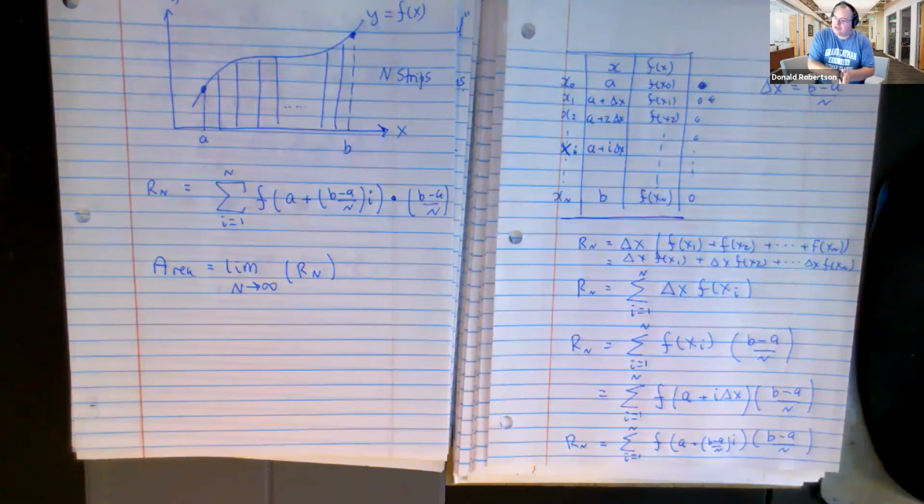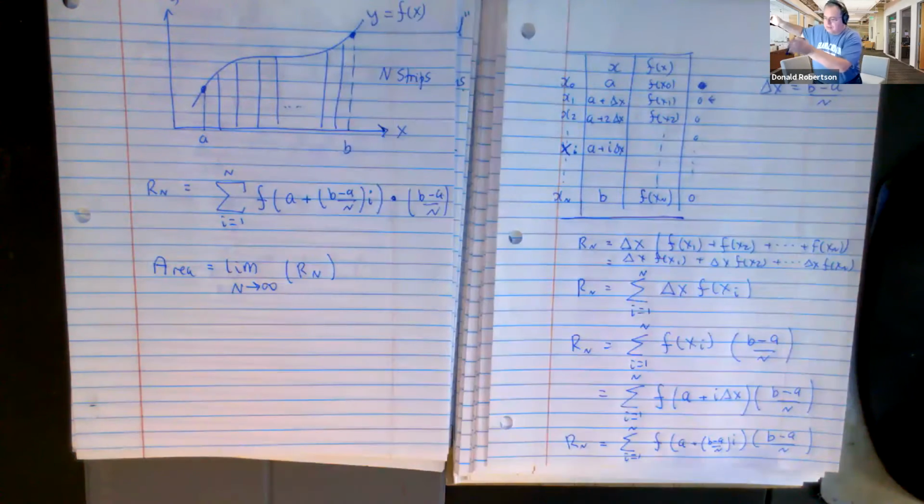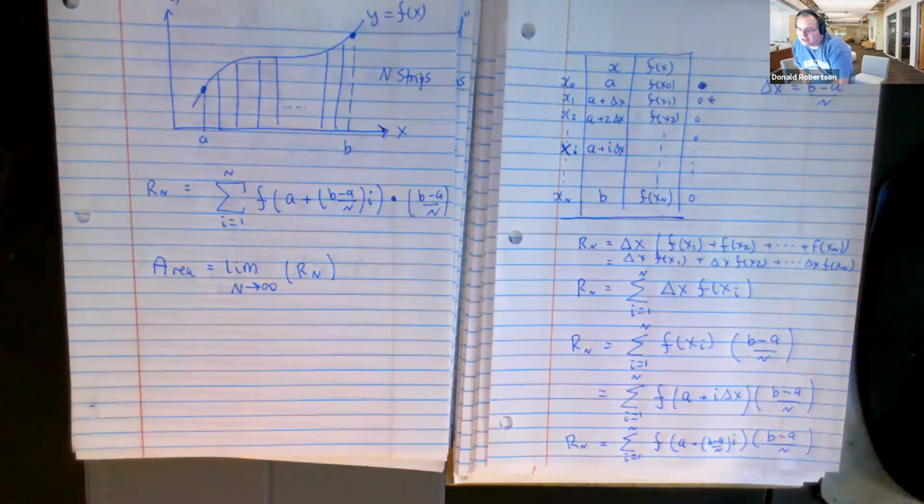In other words, instead of doing a million strips, I did a billion, a trillion, kept on going. If you made the number of strips go infinite, does it seem logical that what you end up with is the area? And that's how we are going to get the exact area under the curve.